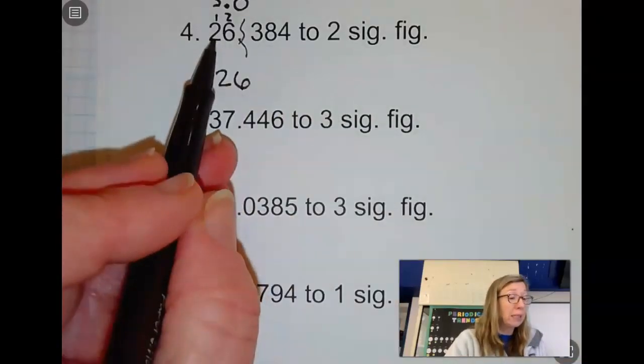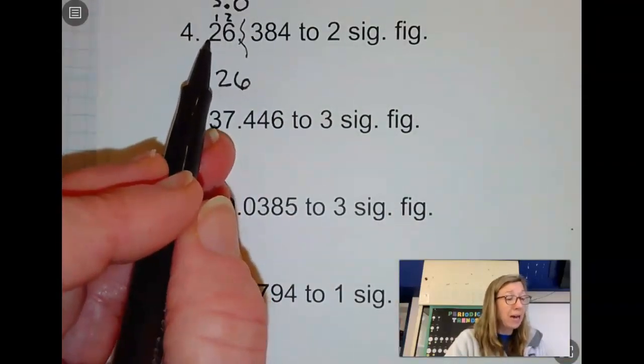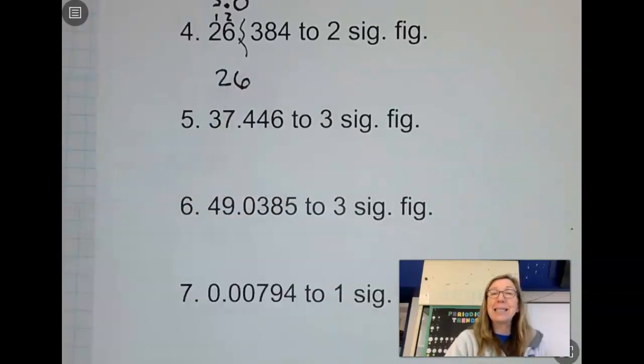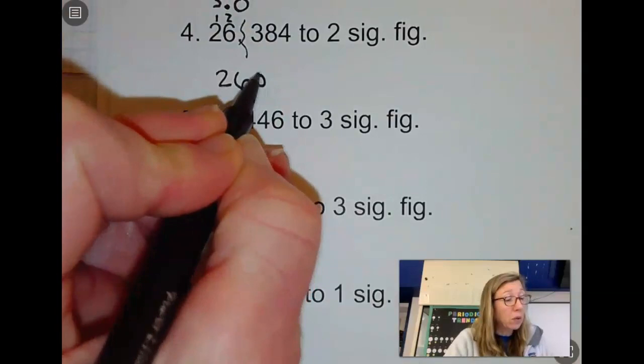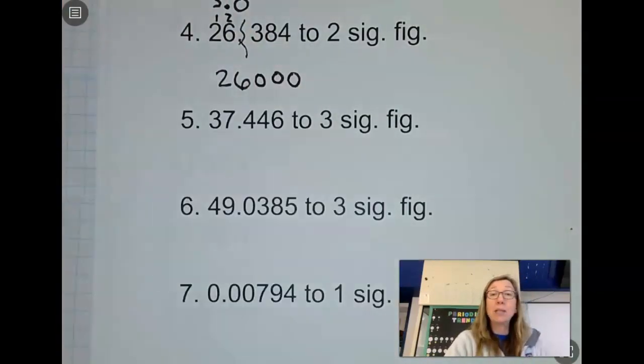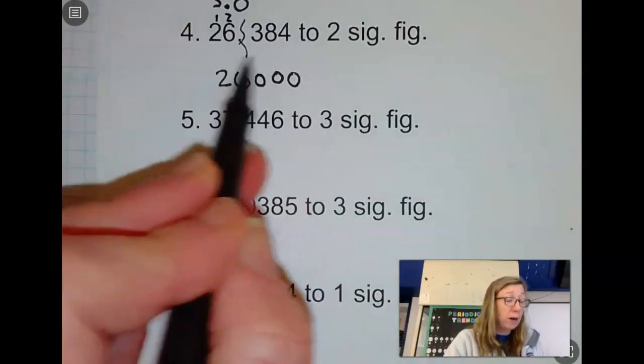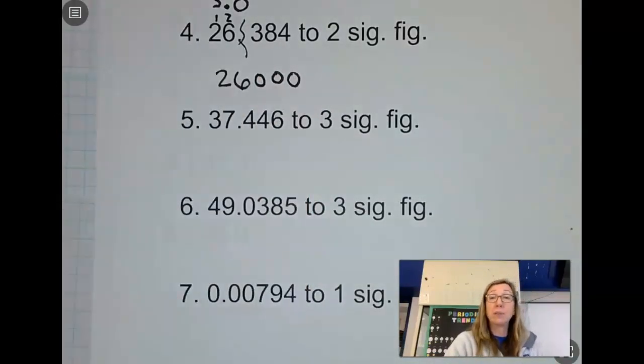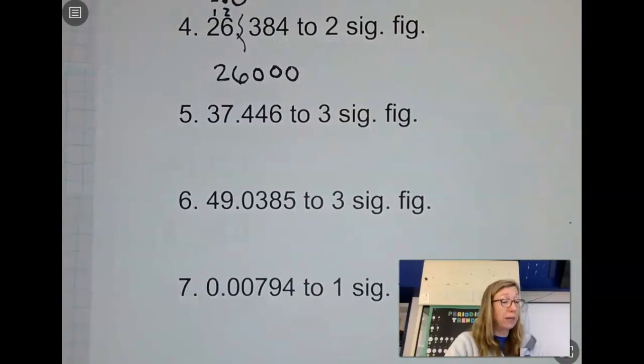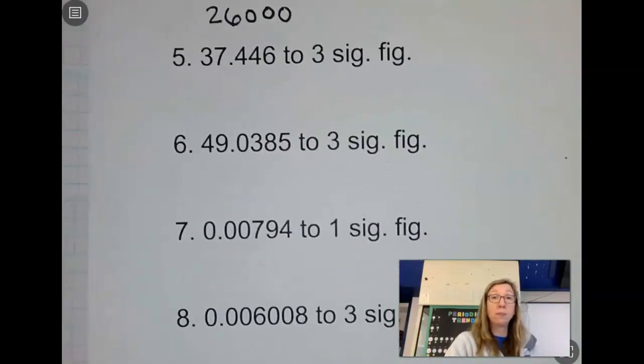This 2 is not just a 2, that's 20,000. This 6 is not just a 6, that is 6,000. We need our placeholders, so you just put zeros as placeholders. 26,384 is very close to 26,000. It's just the correct number of sig figs for whatever the operation was.